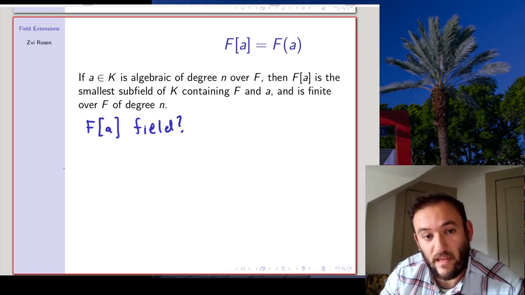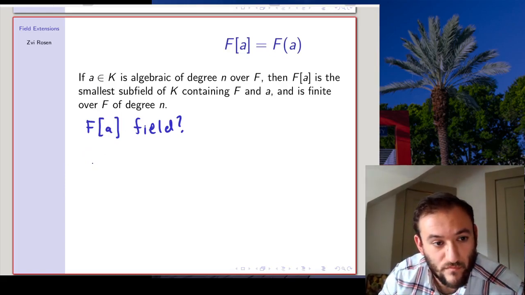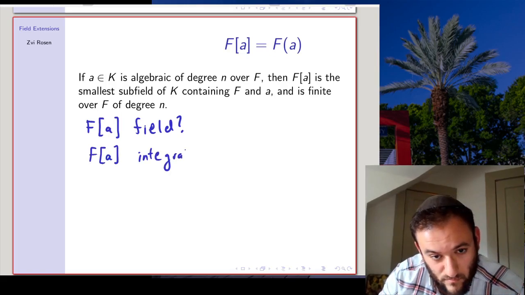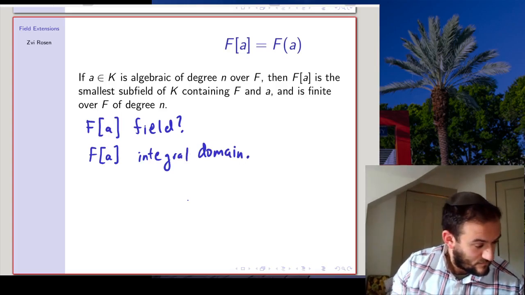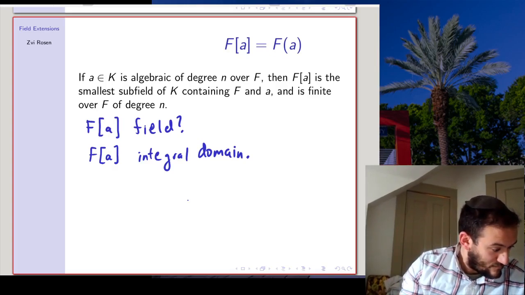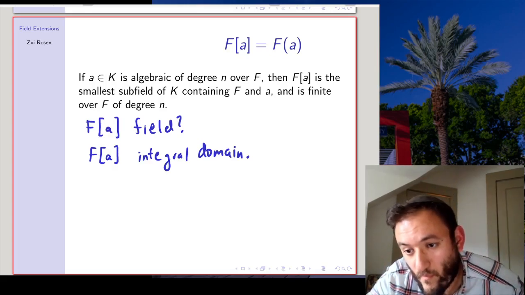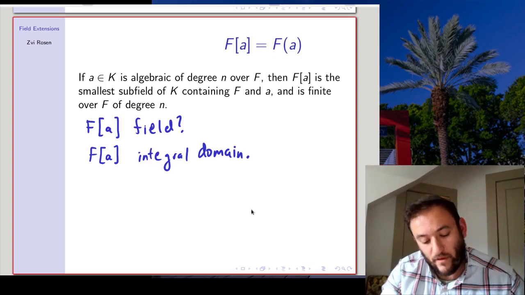We know that this is an integral domain.